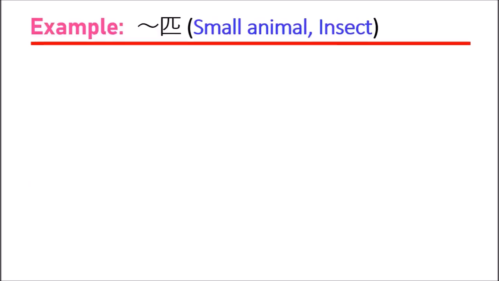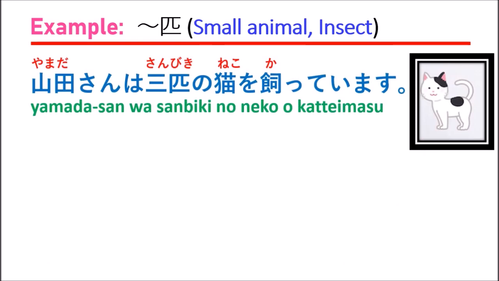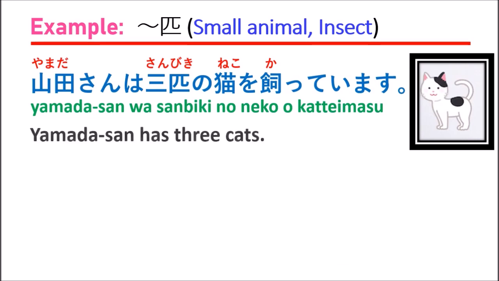Now let's see some examples of how to use the unit hiki to count small animals and insects. The first example: Yamada-san wa 3匹の猫を飼ってます。Which means Yamada-san has 3 cats.